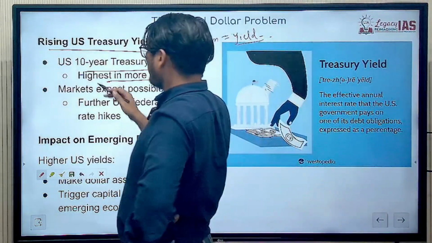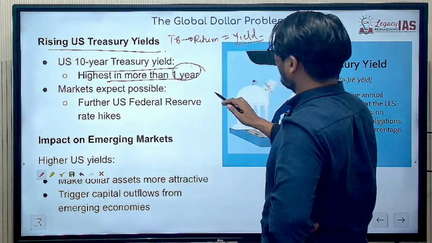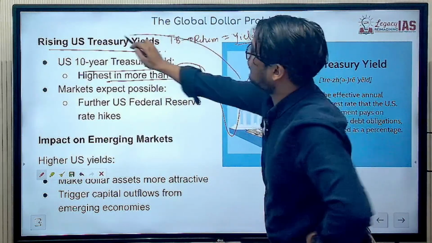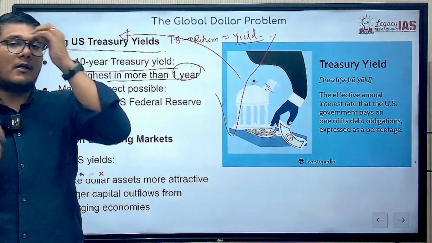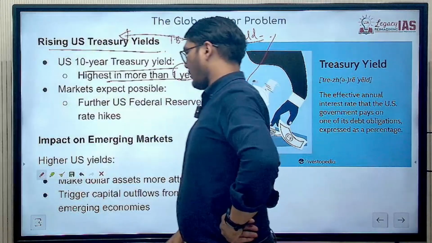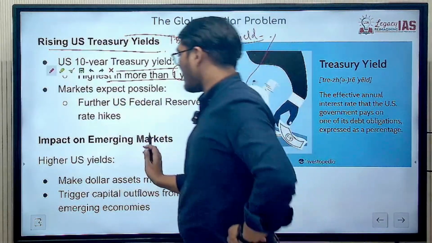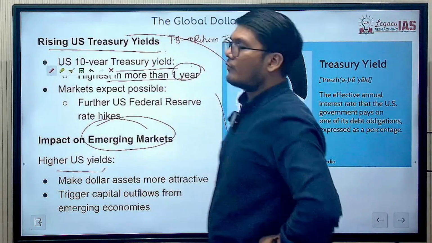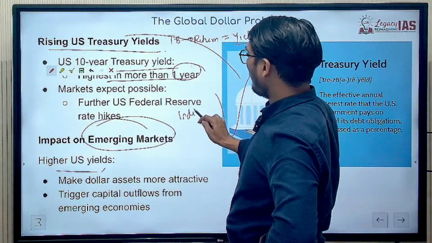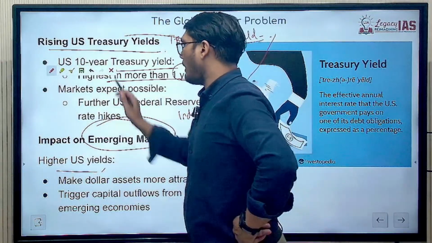Right, now because of this, the money from the rest of the world, including from India, is going to fly over to the United States of America, thus making the dollar even more powerful. Now because of this, the emerging markets are taking a hit because of the higher US yields, and India is one of the emerging markets.